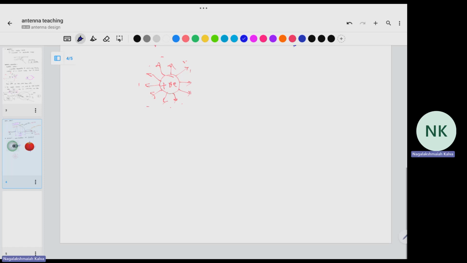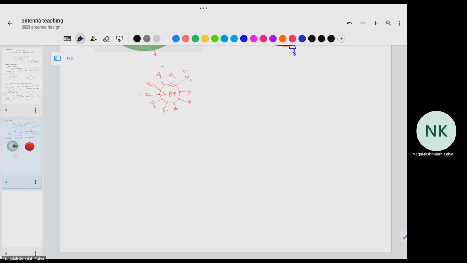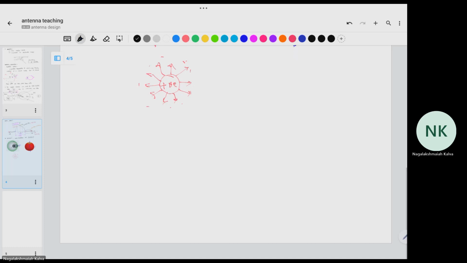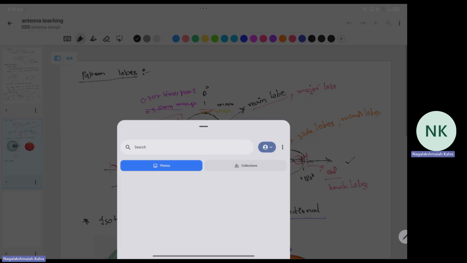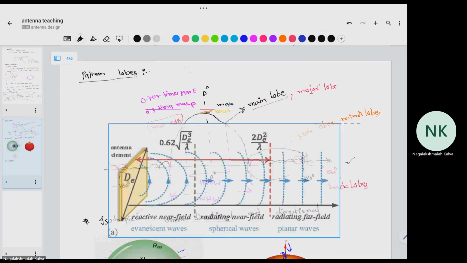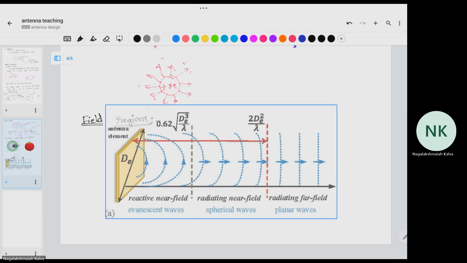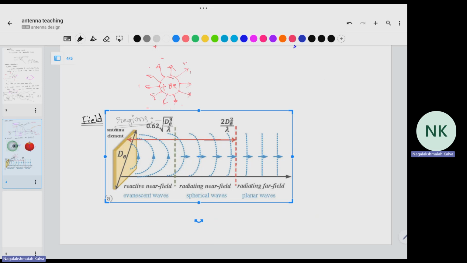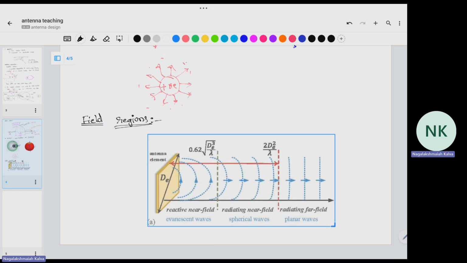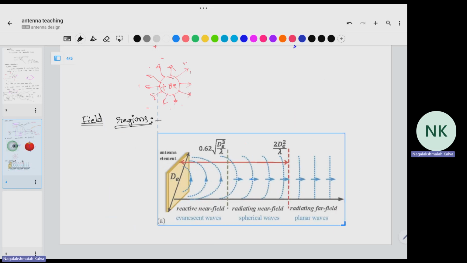So next we'll discuss field regions. This also I'll explain with a simple image. This I'm getting from Google only for convenience purposes.